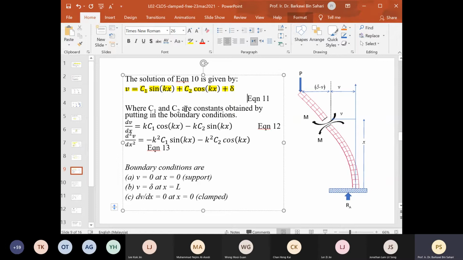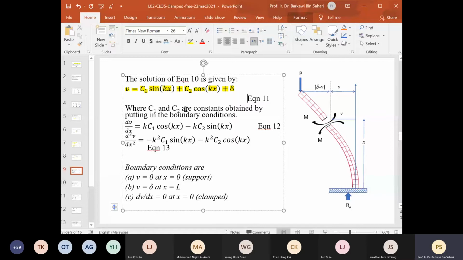If there is no rotation, the slope is 0, then dv/dx equal to 0 at that location, and that location will become the boundary condition. So usually the support, or the place where there is no support, gives the boundary condition.